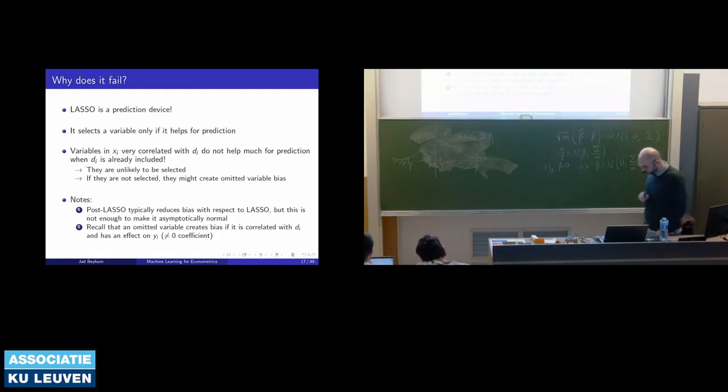So what's happening? There is something that we call omitted variable bias, that I'm sure you have all heard about.